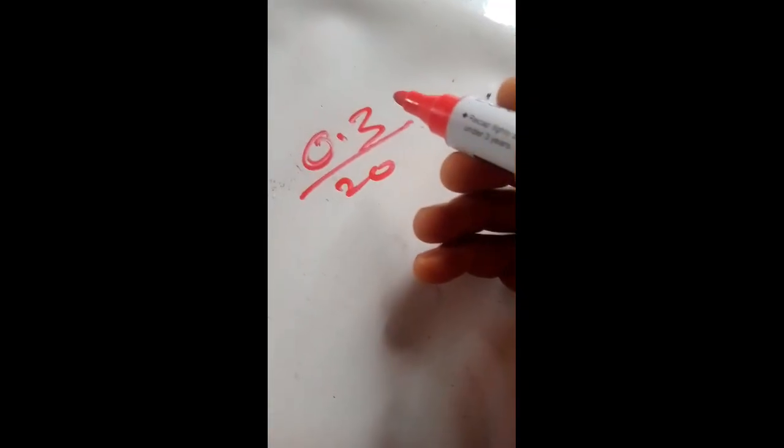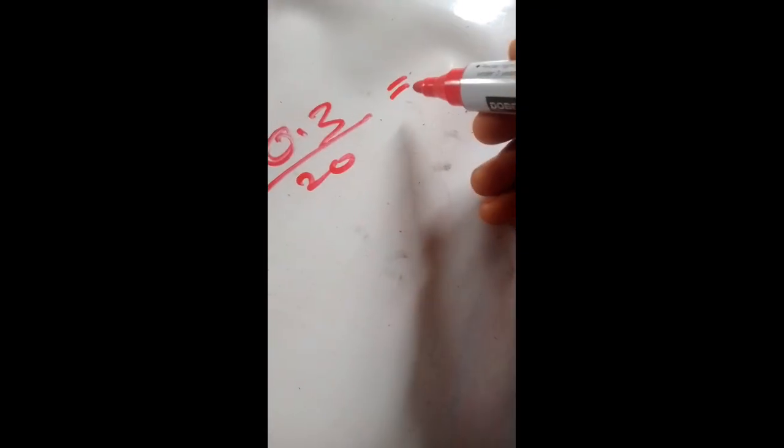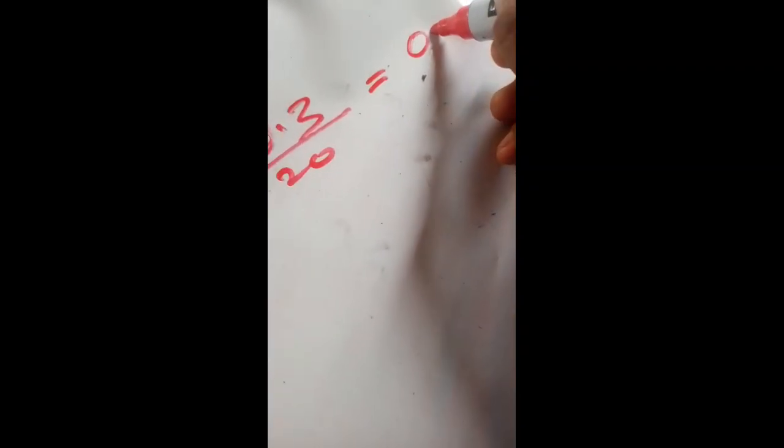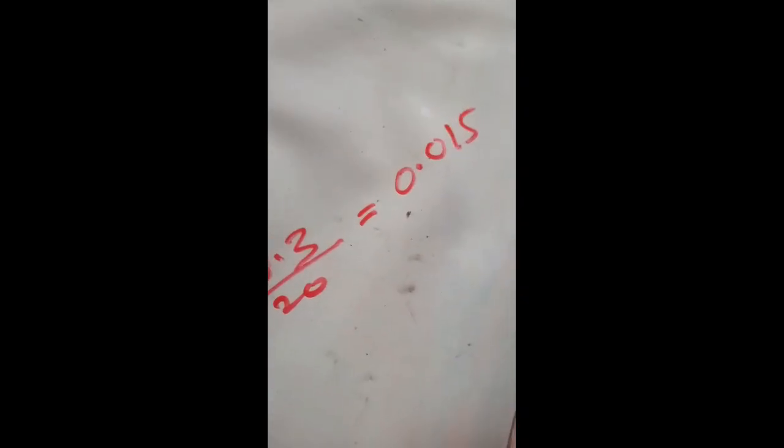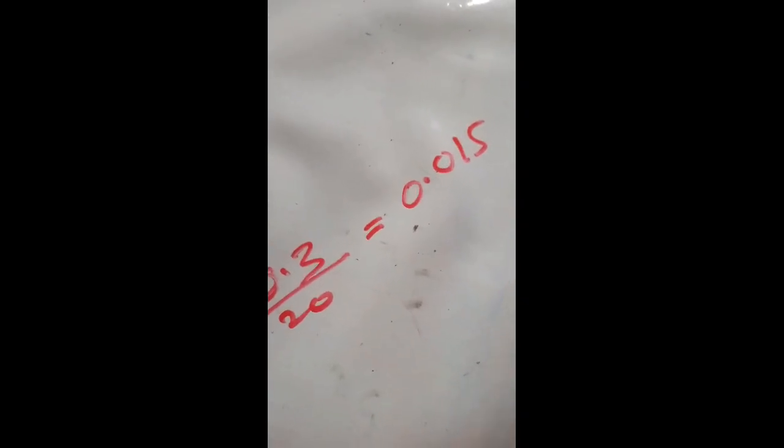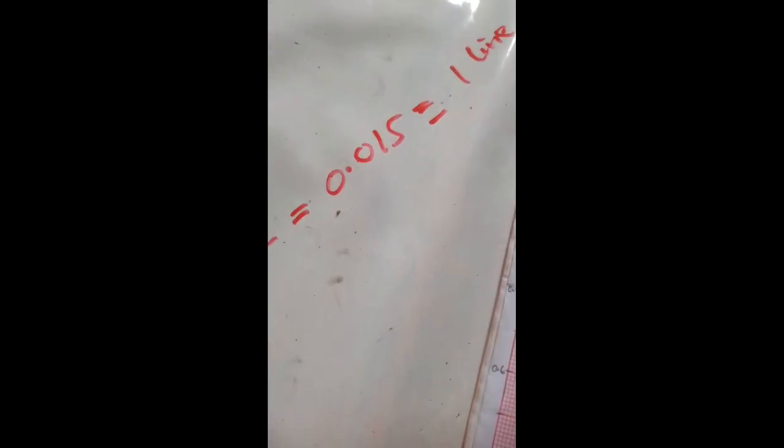For us to get the value of one line, since we have 20 lines in between, we just say 0.3 divided by 20, and that will give you 0.015 units. That is the value of one line on the vertical axis. So you must find all this before you can do any plot.